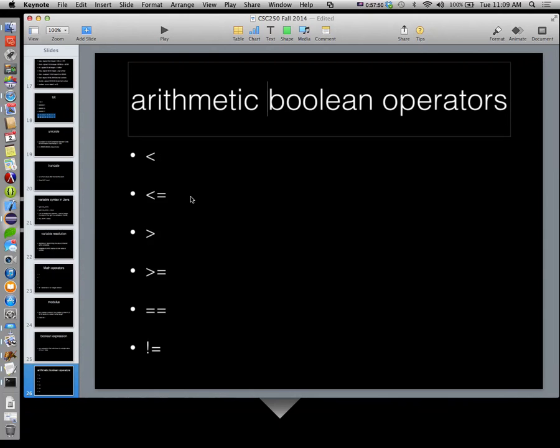Oh, arithmetic Boolean operators. Okay, so all these guys are used for creating Boolean expressions, which are any expression that boils down to a single value of true or false around numbers.